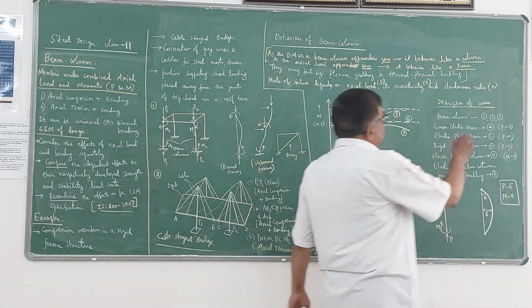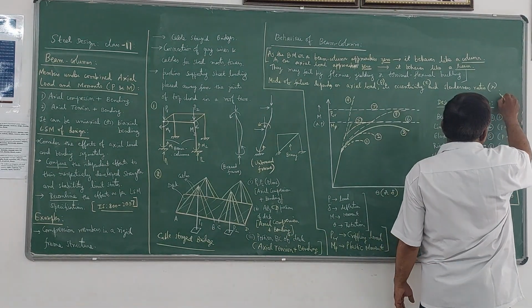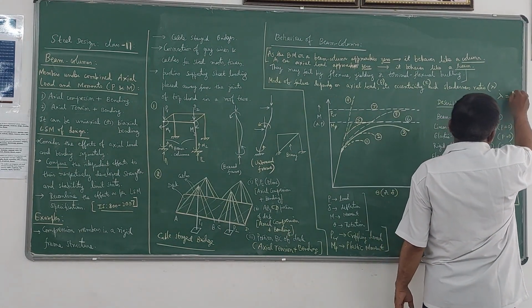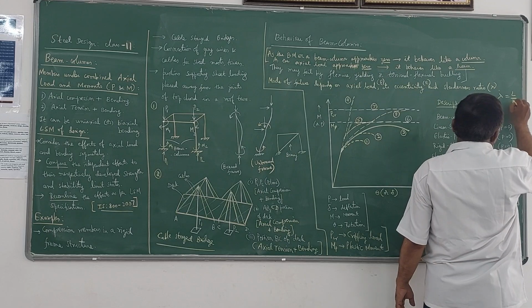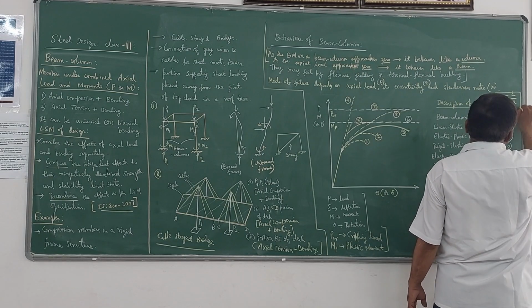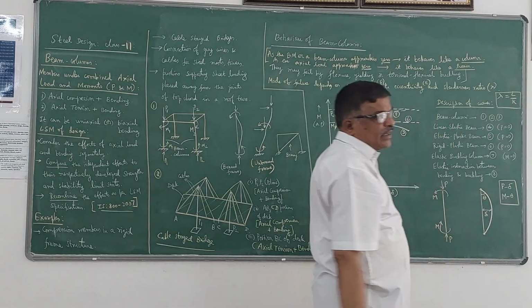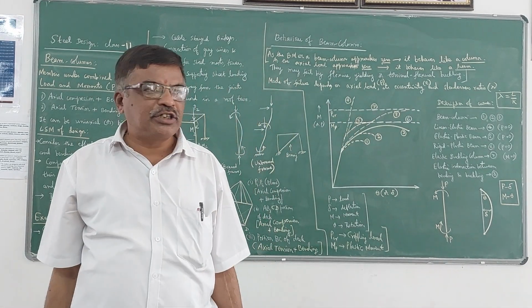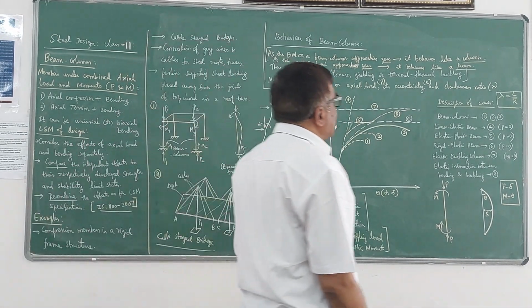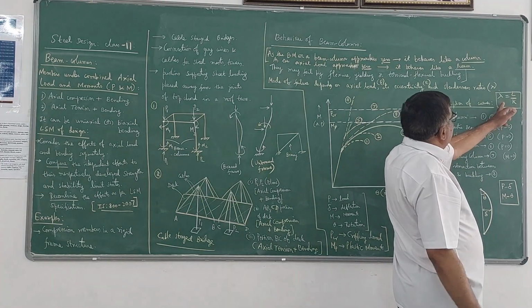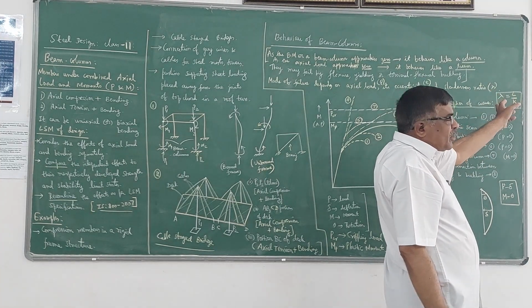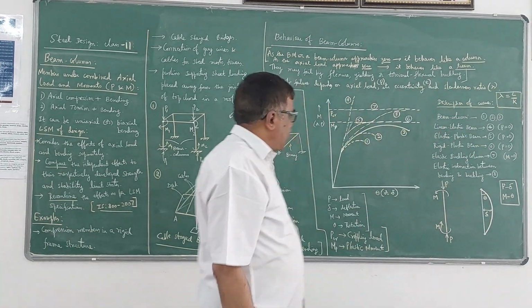You know that slenderness ratio is nothing but L by K, where L is the effective length of the column, and K is the radius of gyration, which is root of I by A. So the mode of failure depends on these 3 factors.